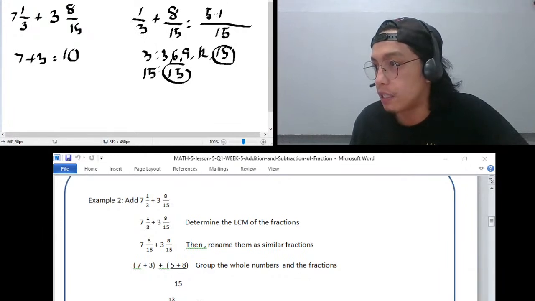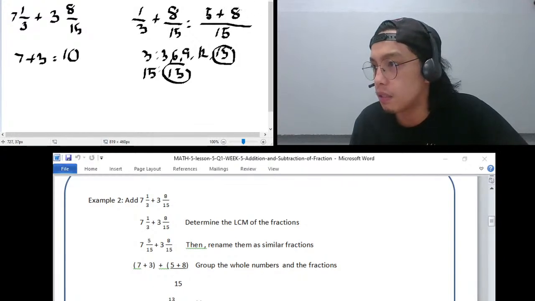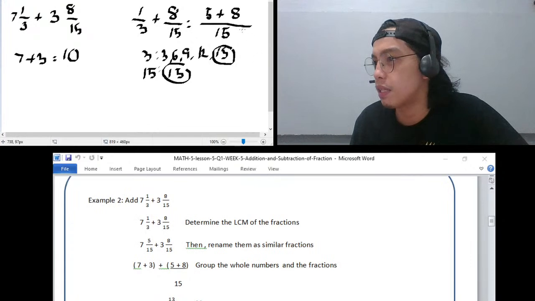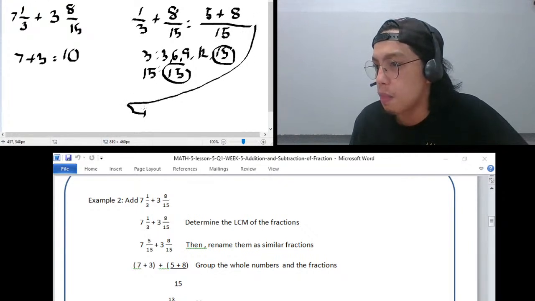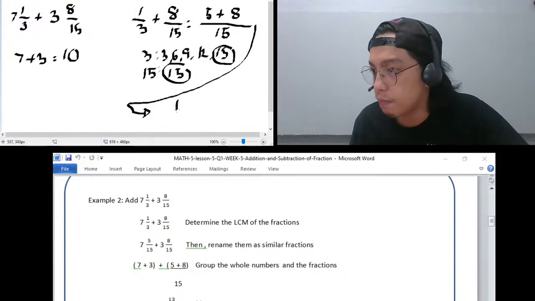Then 15 divided by 15 is 1, times 8 is 8. Do you have the same answer? And then 8 plus 5 is 13 divided by 15.